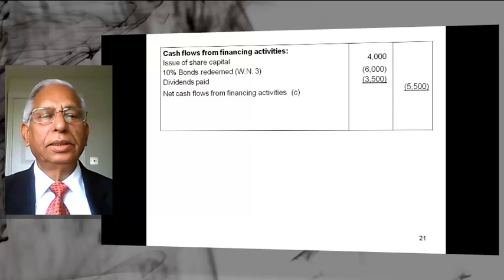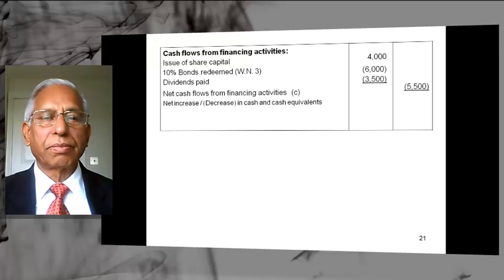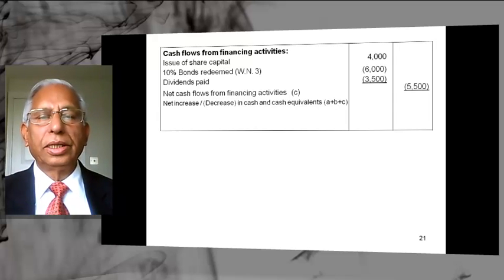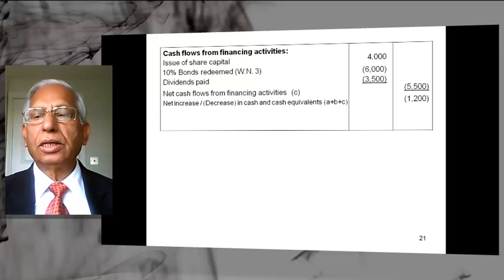Now we add A, B and C. That will give you net increase or decrease in cash and cash equivalents. Plus items and minus items all adjusted, you get 1,200 negative.